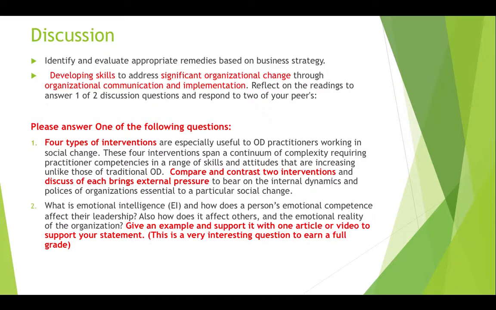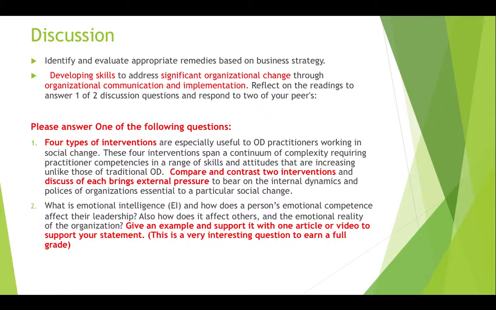So this is something that's fairly new in the OD field, and so it can often contrast with some of the traditional OD theory. So you're going to compare and contrast at least 2 of the 4 different types of interventions and discuss the external pressures to bear on the internal dynamics and policies of organizations essential to a particular social change.